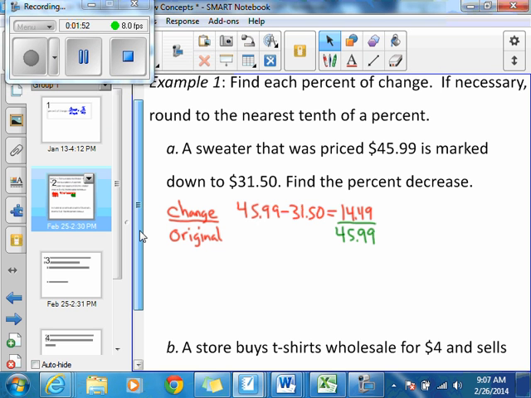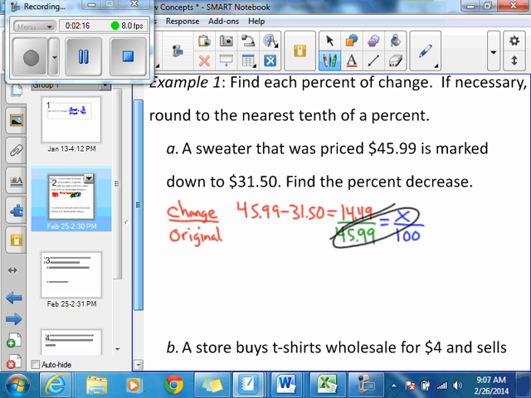Now for some of you, you can type that in as a division problem in your calculator and move the decimal point 2 places over, get your percent that way. Most of you, however, prefer to cross multiply, so I'm going to set it up that way. 100 always goes on the bottom, and then we don't know the percent, so we call that x. We can cross multiply.